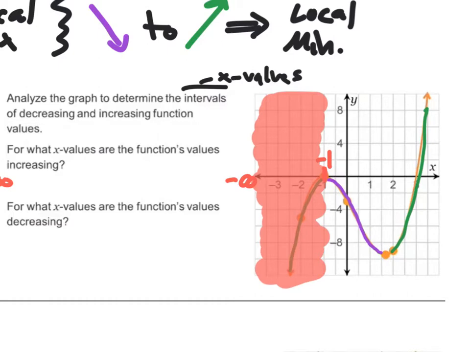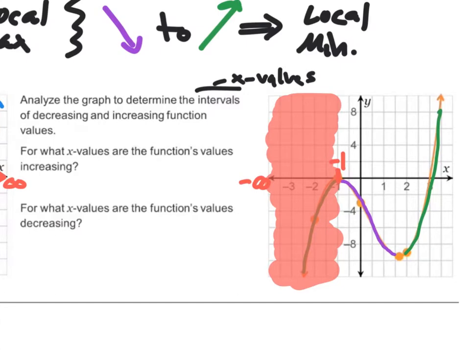Over those x values, from negative infinity to negative 1, the y values on this graph were going up. So I'm going to write that we were increasing from negative infinity to negative 1.